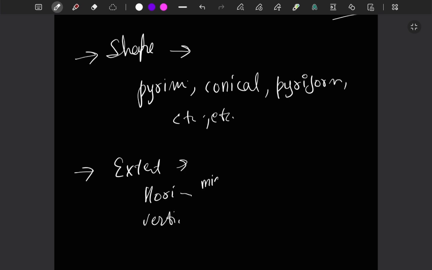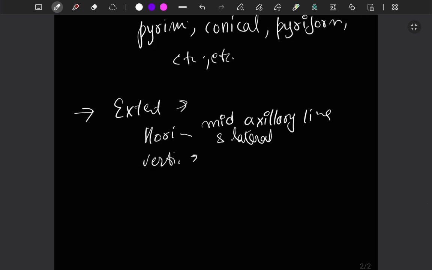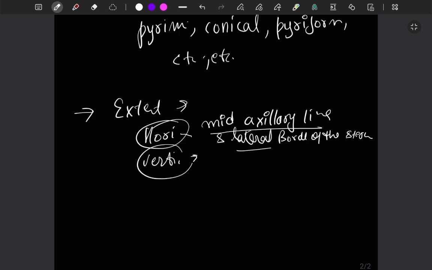Horizontally, it extends from the lateral border of the sternum to the mid axillary line.